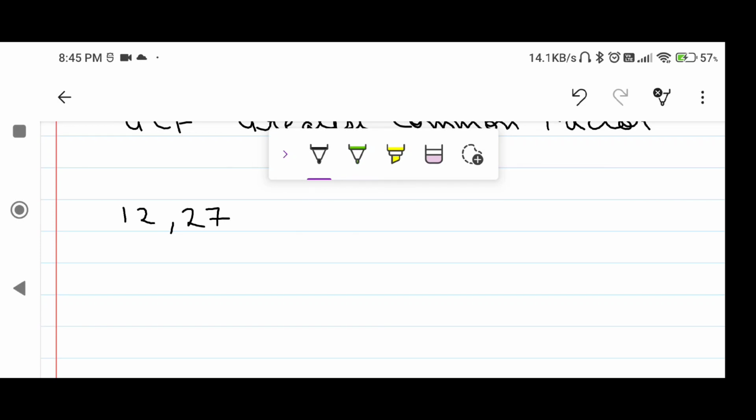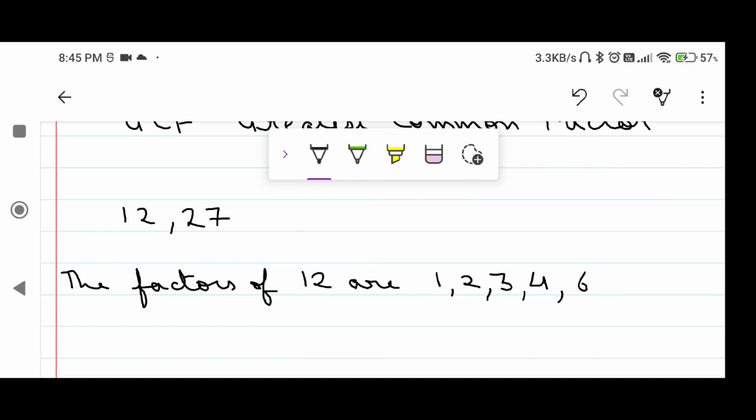So let us see which are the factors of the number 12. The factors of 12 are 1, 2, 3, 4, 6, 12.